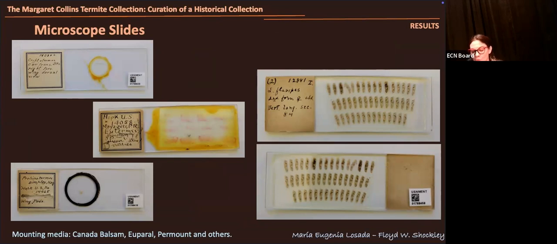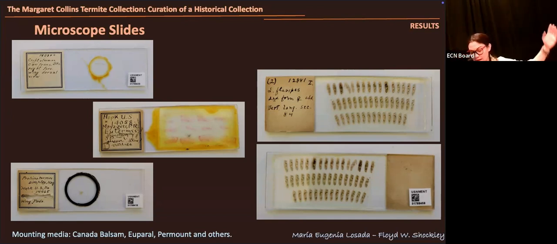Yeah, thank you. So the question was, where are the QR codes located on the slides? As you can see, in the case that we had a space at the front of the slide, we place it on the front, so it will be captured if we do a future image. In the case that the specimens are taking the full space, we place the QR code at the back, as you can see in the last one.